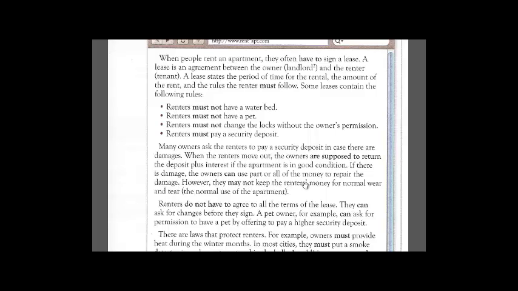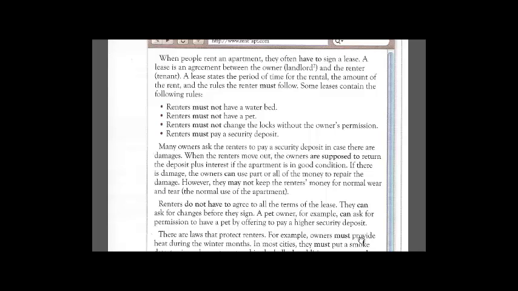However, they may not keep the renter's money for normal wear and tear, the normal use of the apartment. Renters do not have to agree to all the terms of the lease. They can ask for changes before they sign. A pet owner, for example, can ask for permission to have a pet by offering to pay a higher security deposit.